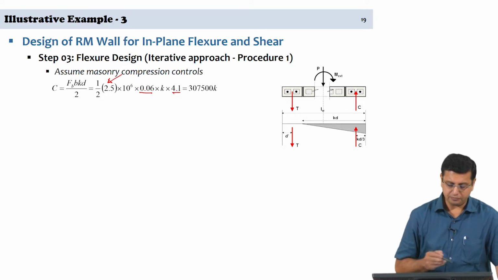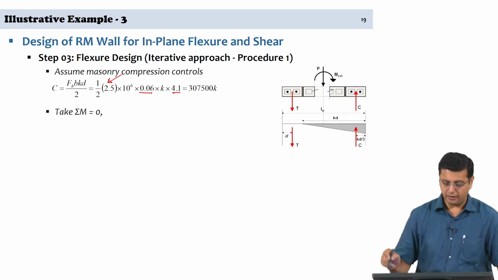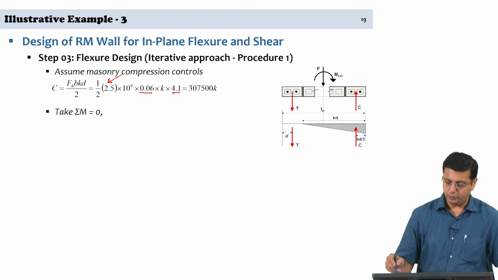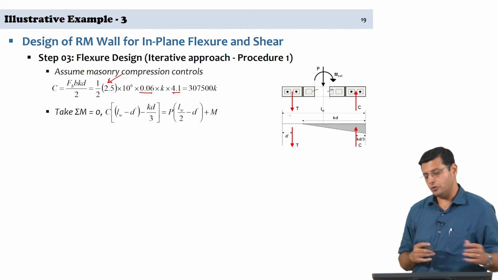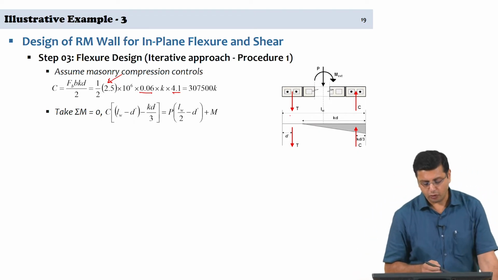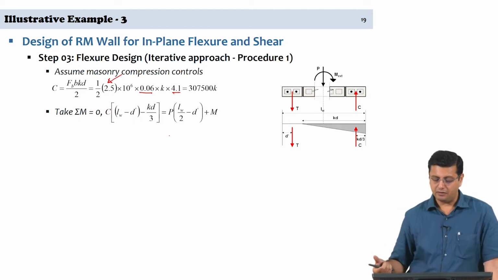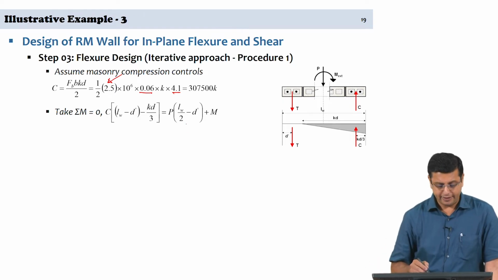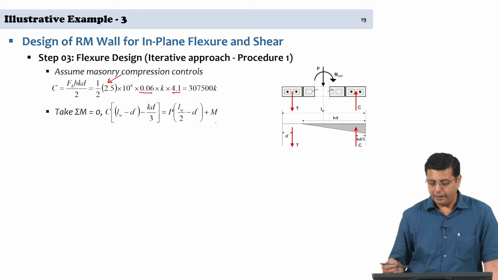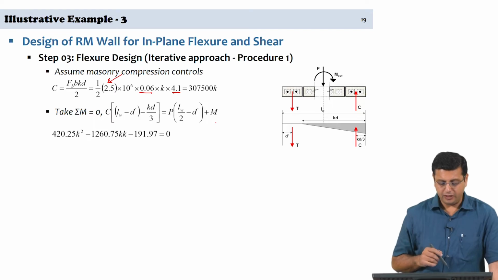So, we have an expression for the compressive force in K. Taking the sum of moments equal to 0, we can write down the quadratic expression in K. Basically, we are looking at the compressive force minus the effect of the axial force and the eccentricity, P into Lw by 2 minus d dash minus m, should be equal to 0, and therefore, we have the quadratic.